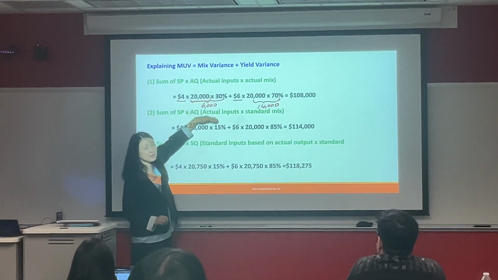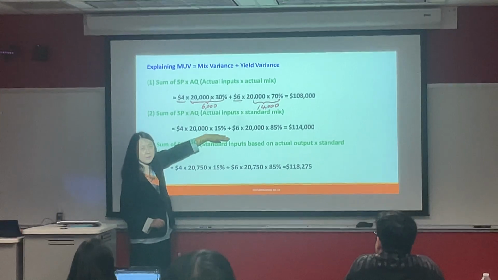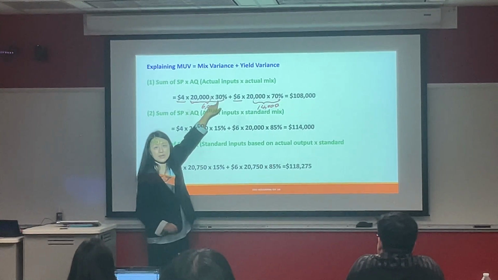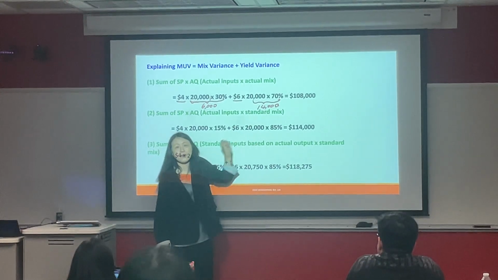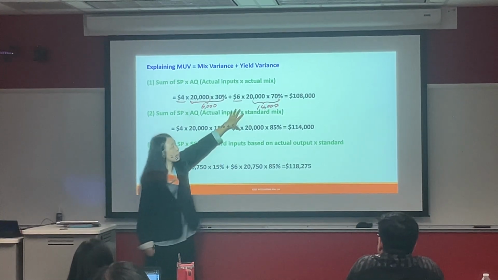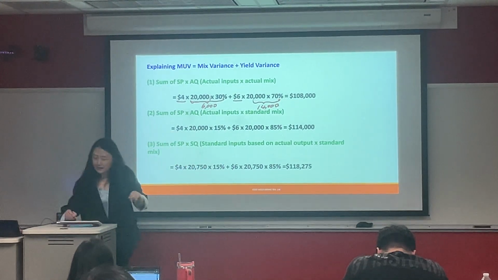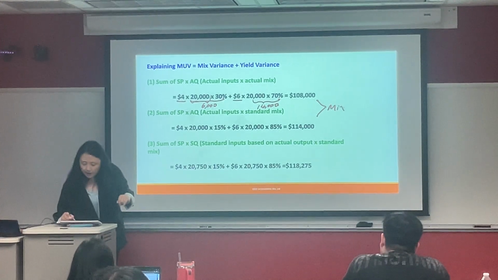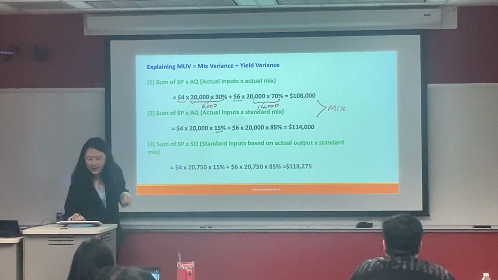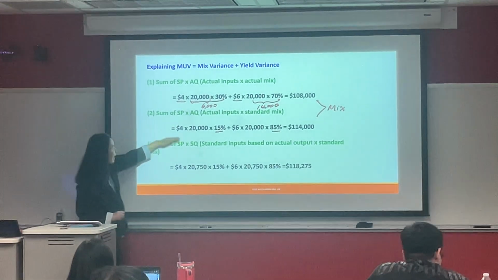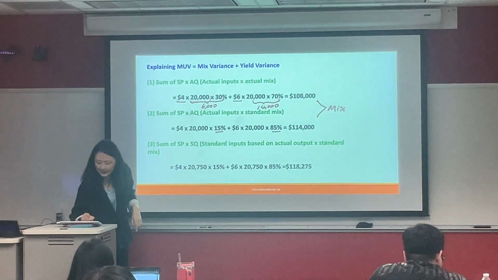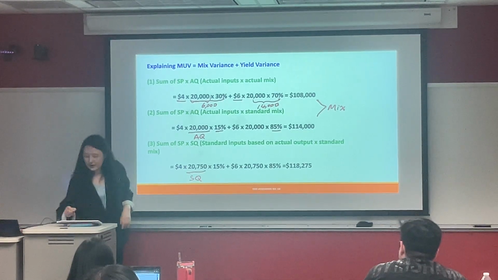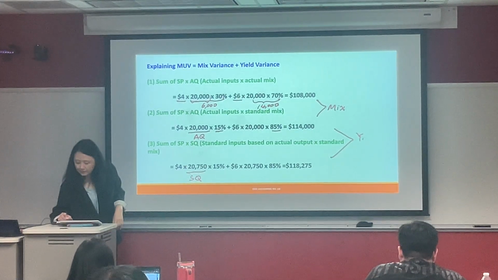Because the only difference between this number and this number is driven by the combination of 30 and 70% versus 15 and 85%. That's why this is called mix. Going from here to here, the only difference is AQ and SQ, so that's why it's called yield.